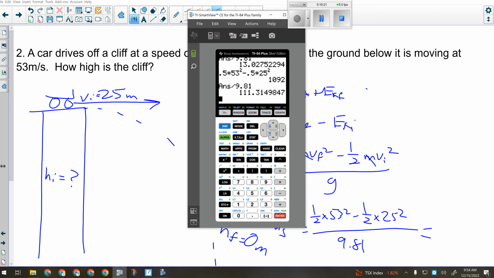So our initial height is 111 meters. That is a tall cliff.